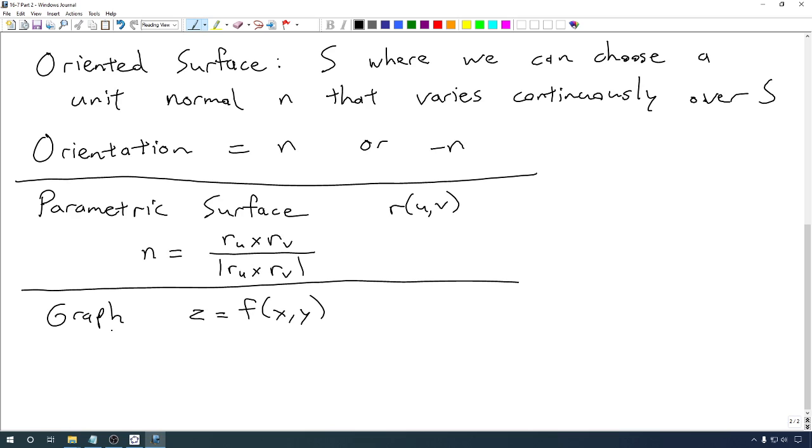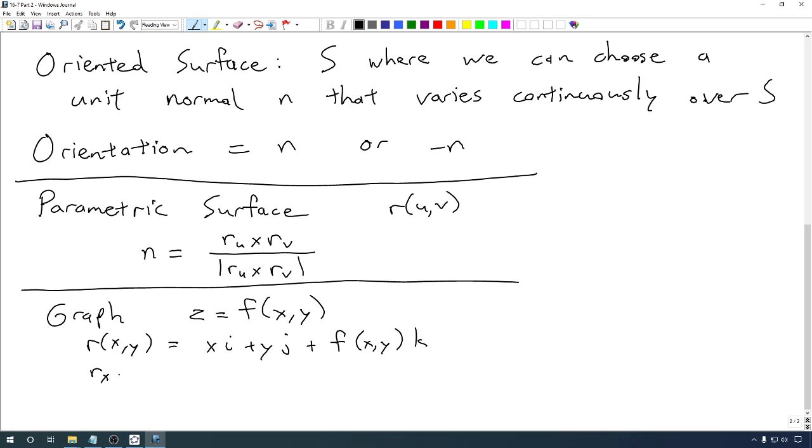But in that case, we can use the parameterization r of x, y equals x i plus y j plus f of x, y k. Essentially just leaving x and y alone and using the function itself for our z component.